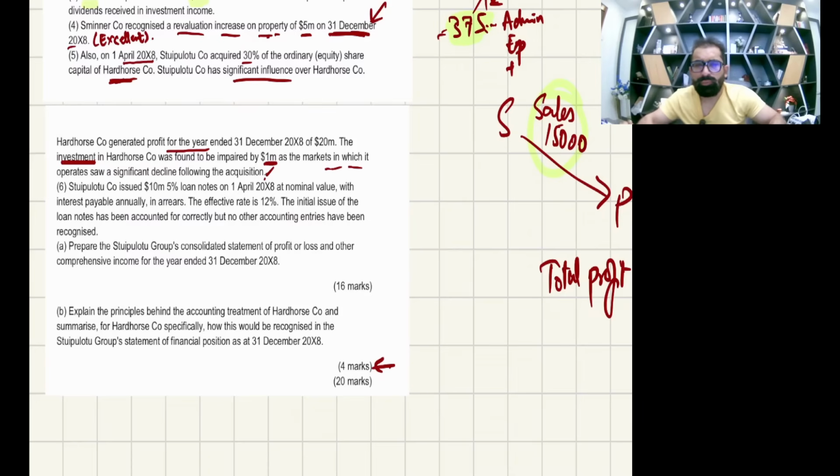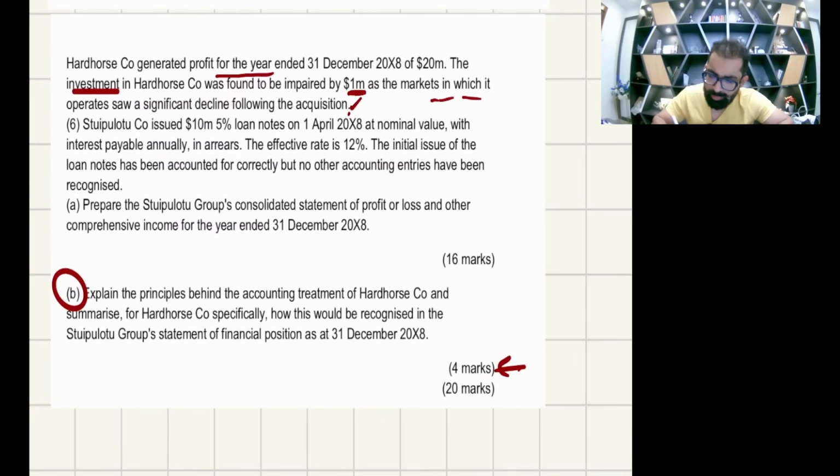So first of all, I'm going to discuss requirement B, 4 marks, and this is genuinely cash marks. Explain the principles behind the accounting treatment of Hard Horse, meaning the associate, and summarize for Hard Horse company specifically.